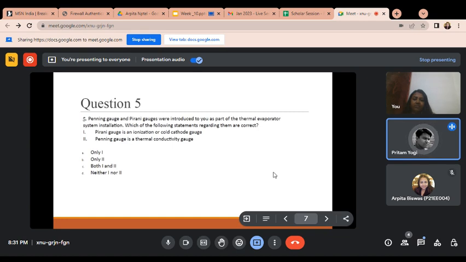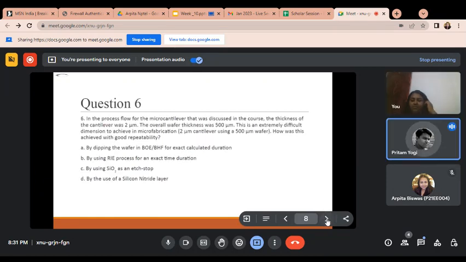But yes, the principle they have written here, ionization or cold cathode gauge. So both statements are wrong. So the right option is option D, neither 1 nor 2. Okay. I think Pirani gauge is used for the thermal conductivity process, maybe.